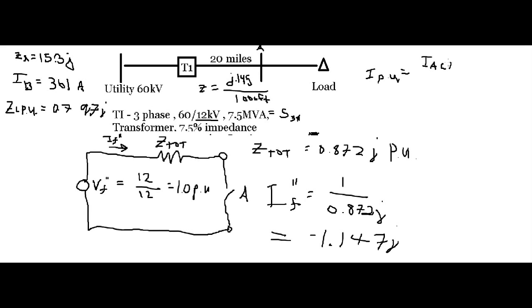So to calculate the actual short circuit current, we just multiply the base current we calculated earlier by the per unit current that we just calculated, and you'll get a final value, I short circuit, of negative j 414.